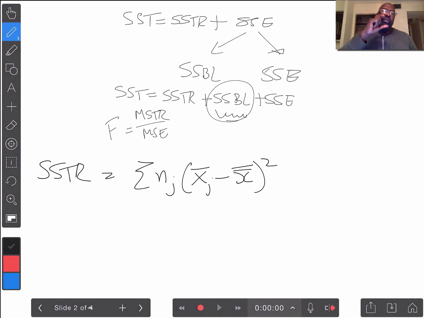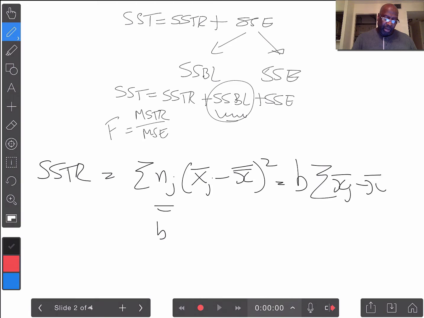So the 5 cars represents the blocks, which we call B. And so therefore we can replace NJ by B. And our formula will look like this. And because B is a constant, we can put B on the outside and then take X bar J minus X double bar, squared. So that's what our formula looks like for calculating the sum of squares due to the treatments.